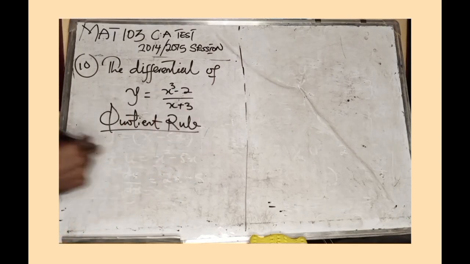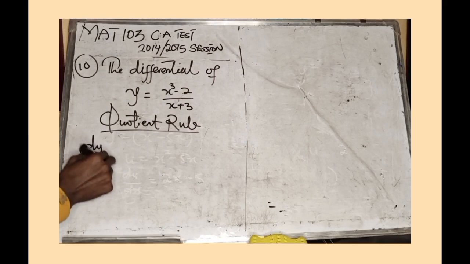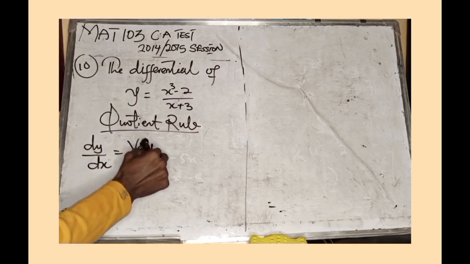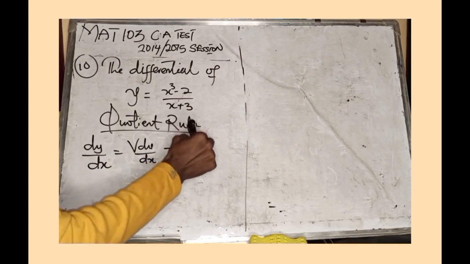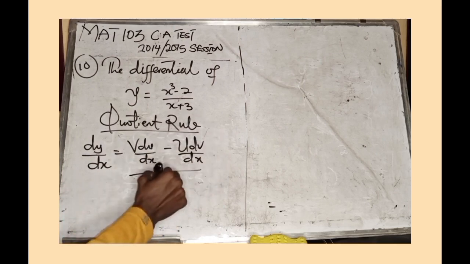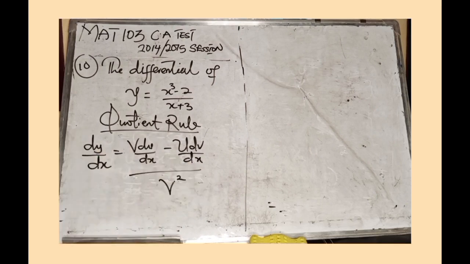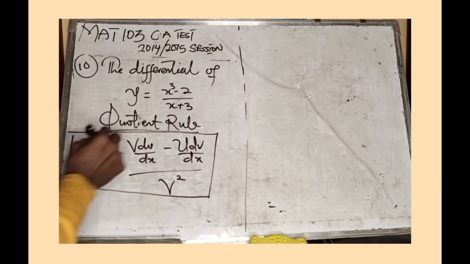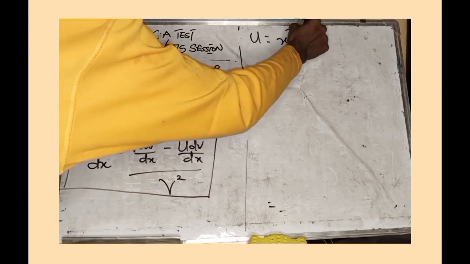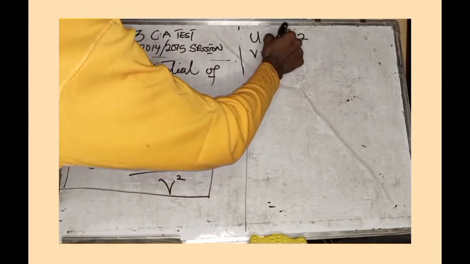Now by quotient rule, the formula is dy over dx is equal to v du over dx minus u dv over dx, all over v squared. This is the formula for quotient rule. So take note of this, you'll be needing it further. Now let u be equal to the numerator and v be equal to the denominator.